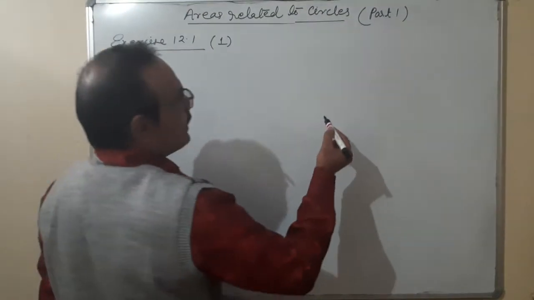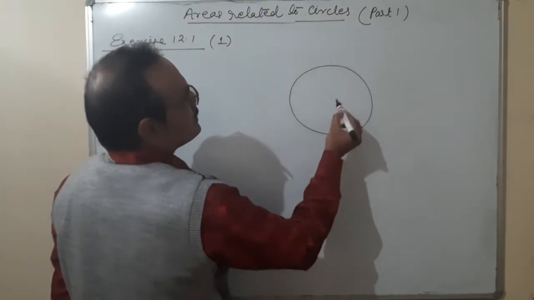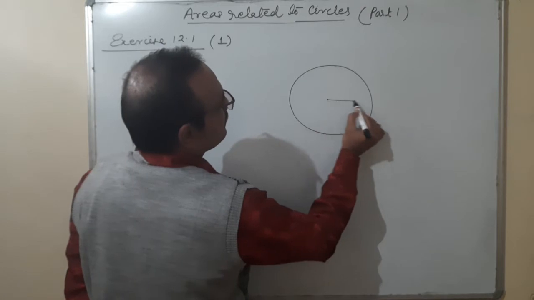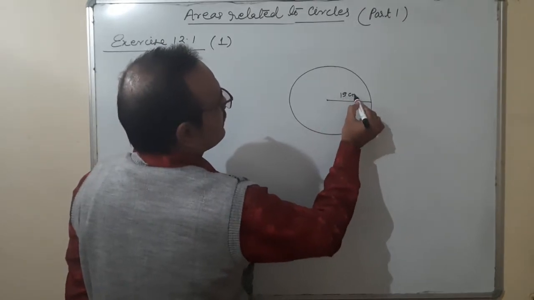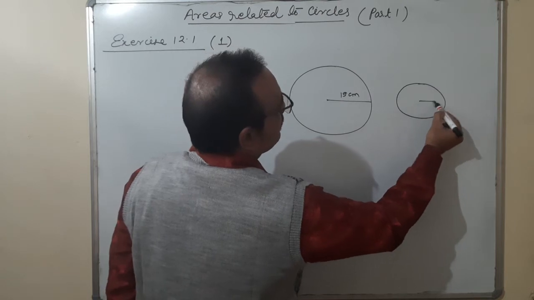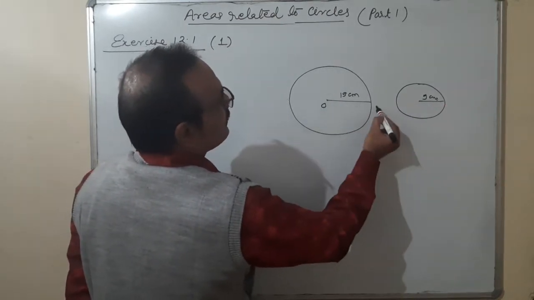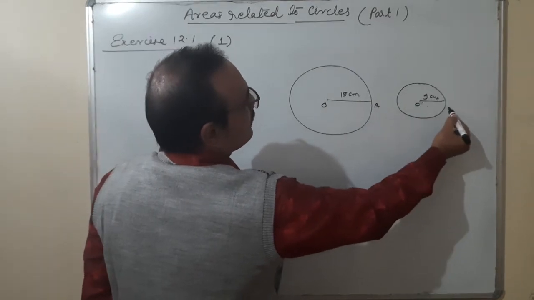One diagram I am making. One circle, its radius 19 centimeter. Second circle, radius 9 centimeter.